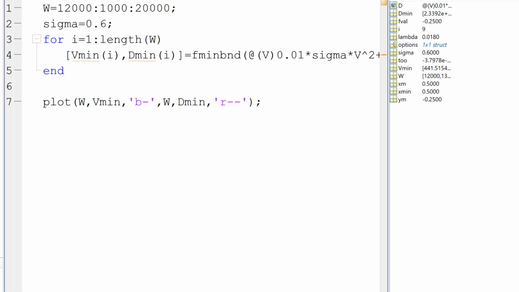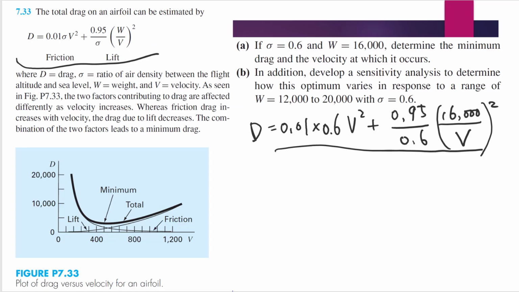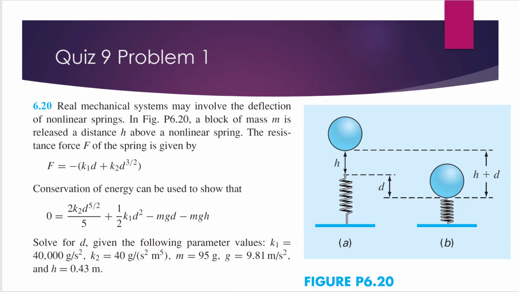All right, so let's see the quiz problem. This time we have two problems. The first one is: real mechanical systems may involve the deflection of nonlinear springs. As shown in this figure, a block of mass m is released a distance h above a nonlinear spring.